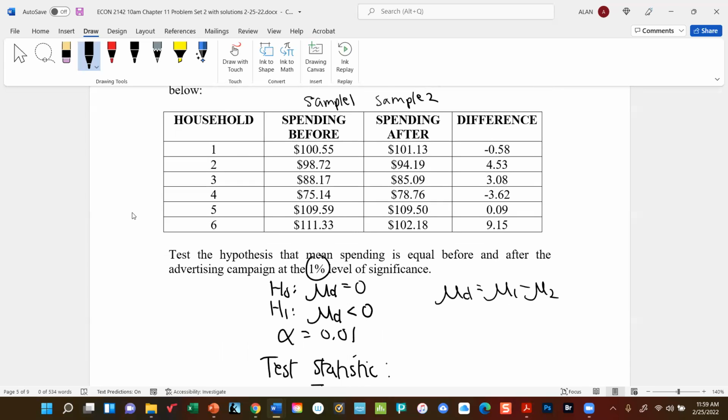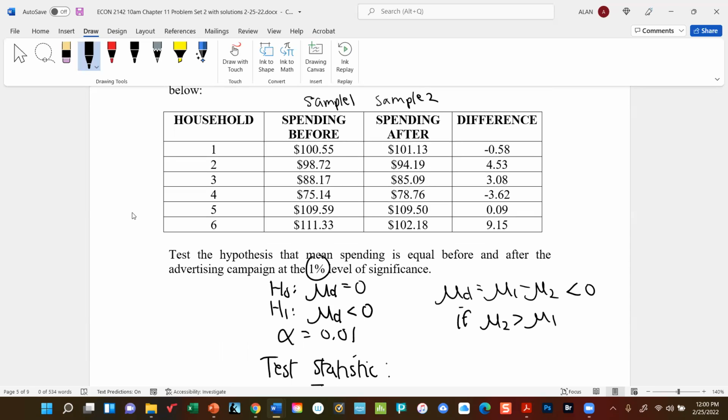This number will be negative if mu2 is greater than mu1. And that's what we're trying to find out. That's what we're hoping for. We want to see evidence that our advertising increased people's spending on this product.